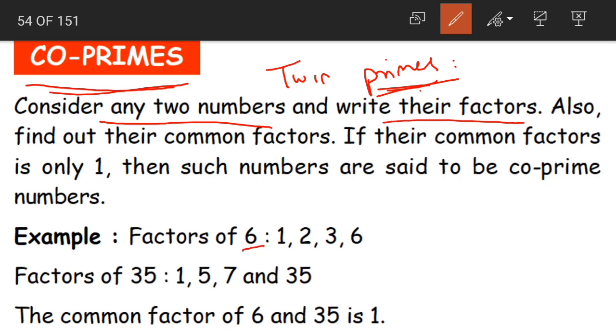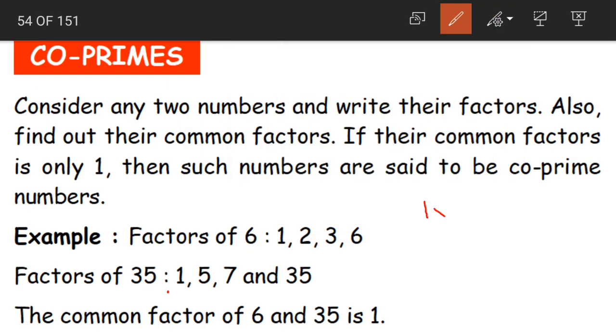We can take any two numbers and write down their factors. For example, we have taken two numbers, 6 and 35. Both are composite numbers, children. They are not prime numbers. The factors of 6 are: 1 6s are 6 and 2 3s are 6. So 1, 2, 3, 6 are the factors of 6. Coming to 35, we have 1 35s are 35 and 5 7s are 35.